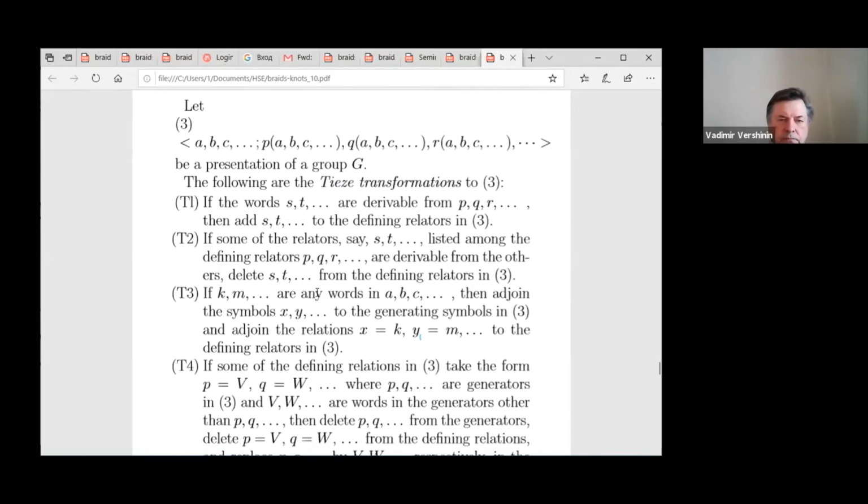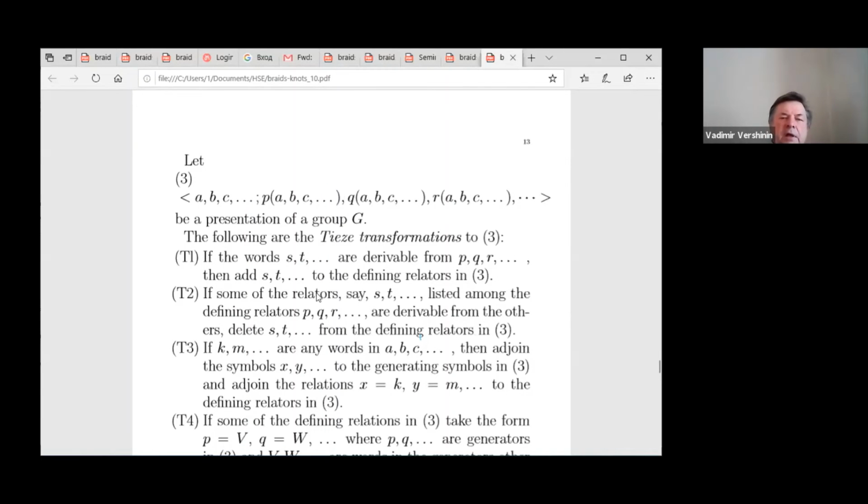Maybe these are annoying things, but this is the Tietze transformation of one presentation to another one, how to do this.